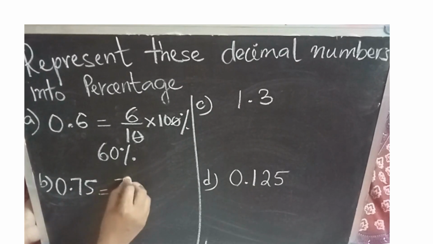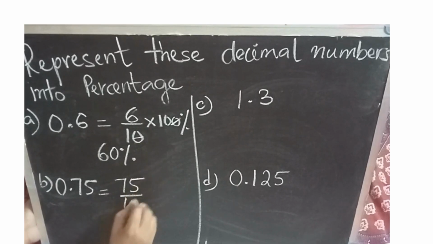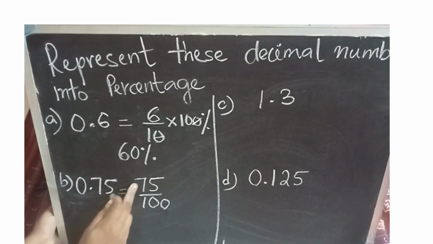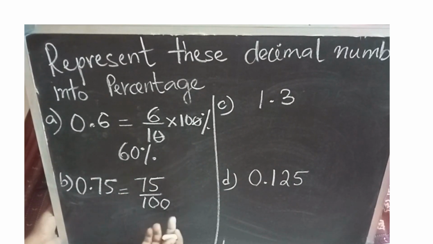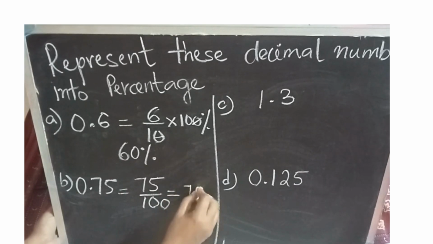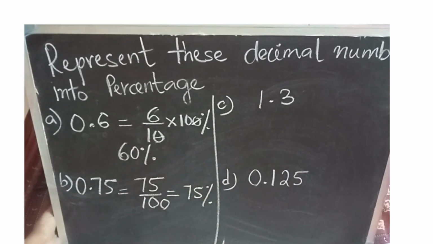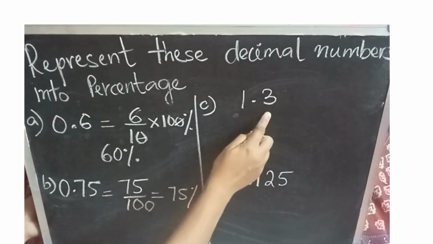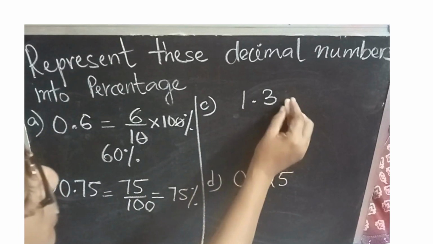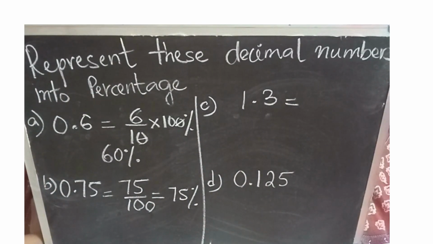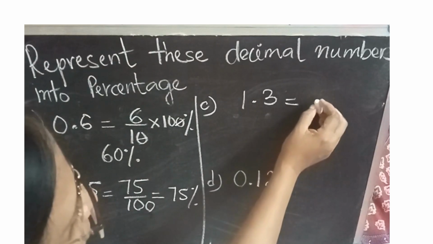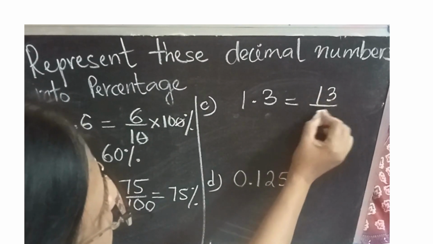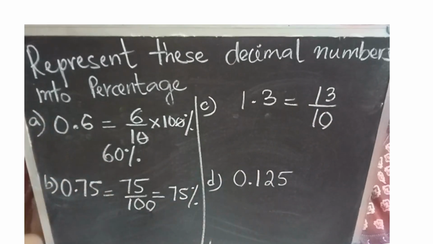Second sum, 0.75. First we will convert it into a fraction, 75 by 100. 75 by 100 is already in the form of a percent. So the answer is 75%. Next sum, 1.3. If we convert it into a fraction, it is 13 by 10.